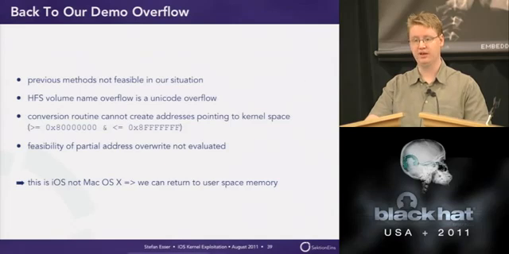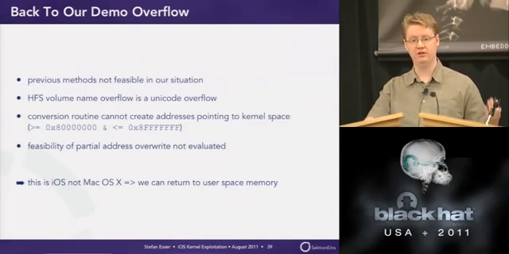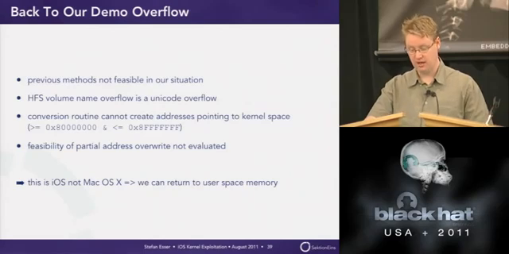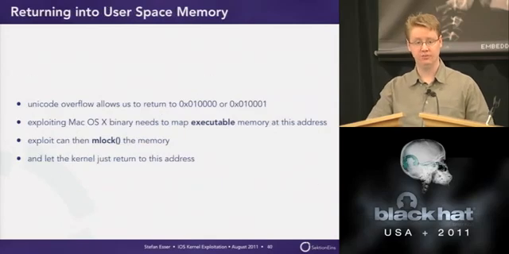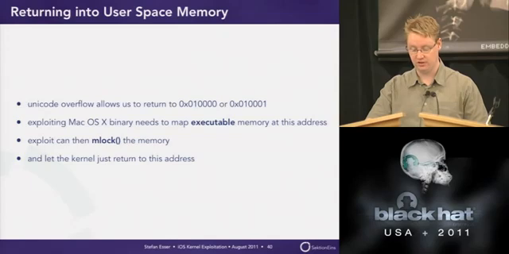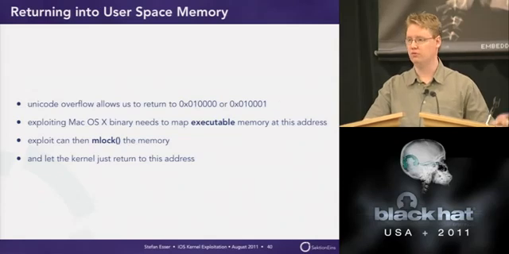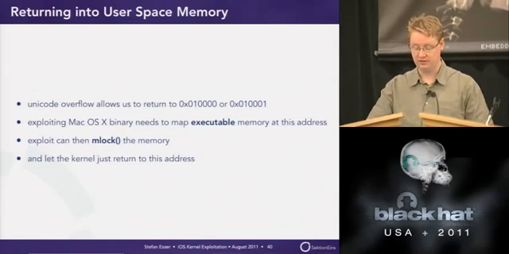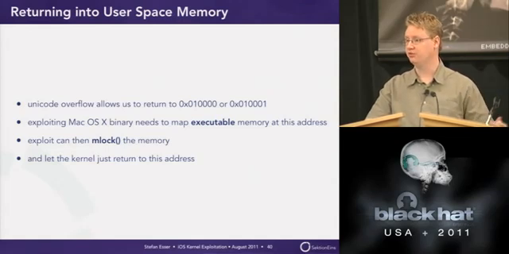I told you in the beginning, the user space here is mapped into the same address space. And therefore, you can just return to an address in user space. For example, you have a binary that maps executable code at this 0x1000 address, and then you just return there, and it executes your code.